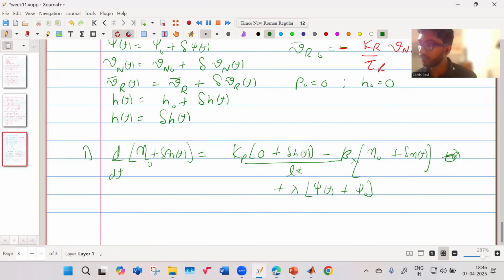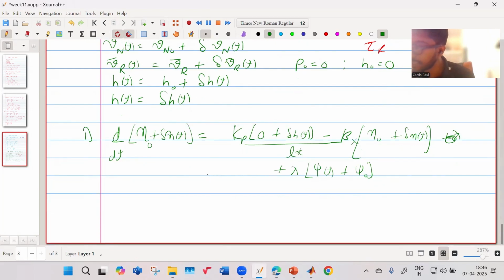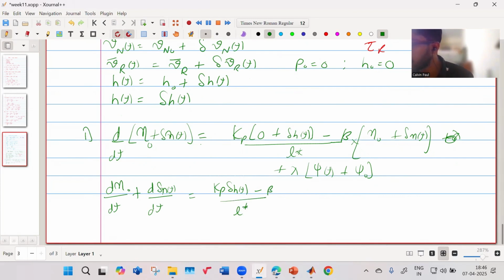So this can be written as d eta naught upon dt plus d delta eta of t upon dt is equal to kp into delta h of t minus beta upon L star into (eta naught plus delta eta of t) plus lambda into phi of t plus lambda into phi naught.